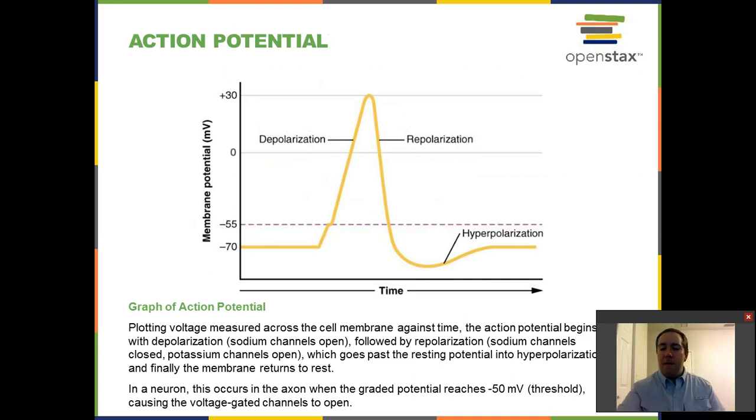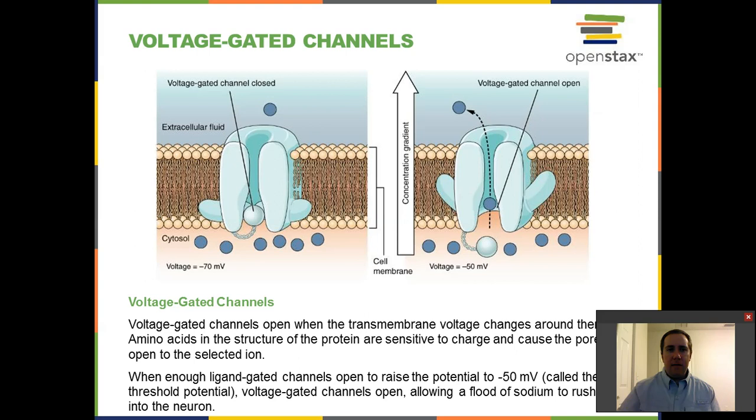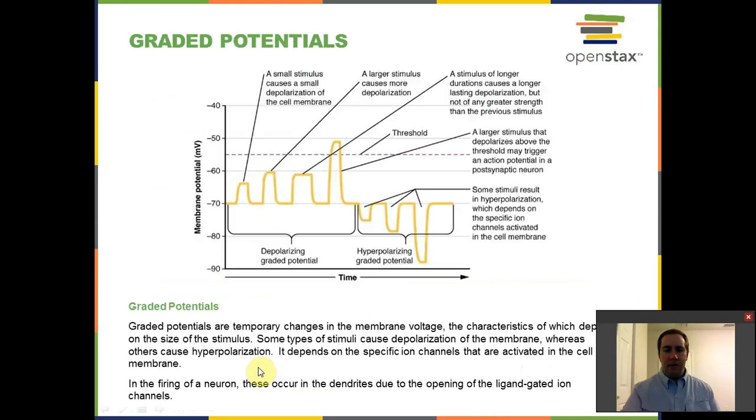I think I mentioned this is the first time I've used these slides for a lecture. These slides were provided from the department. I went through and modified a fair amount, but I'm seeing a mistake that they made here. On this slide with the voltage gated channels, it says that the voltage gated channels open at negative 50, and that's called the threshold potential.